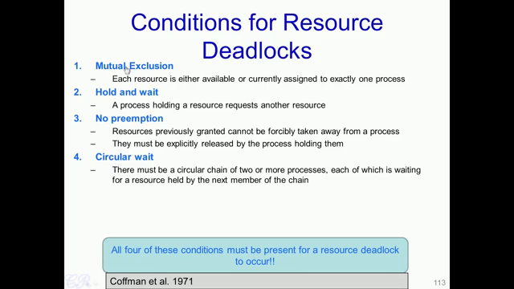Then deadlocks could potentially occur. Having all these conditions does not imply that a deadlock has occurred. It only implies that there is a probability of a deadlock occurring in the future.